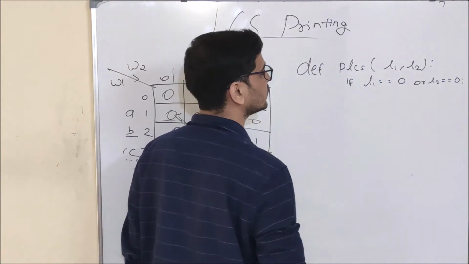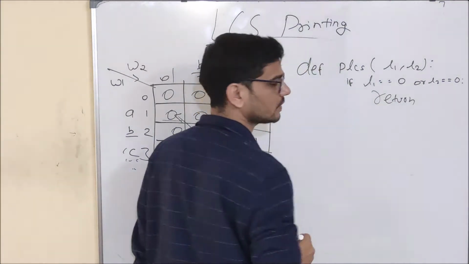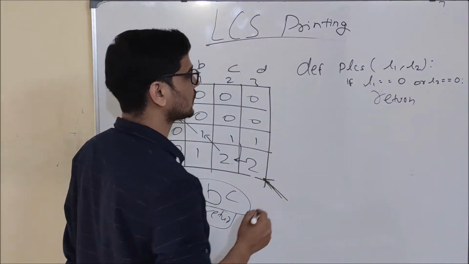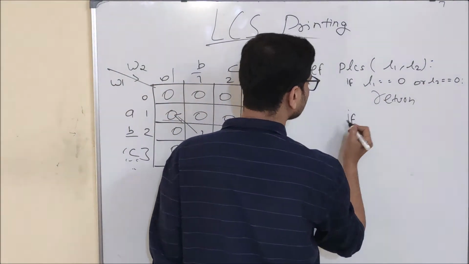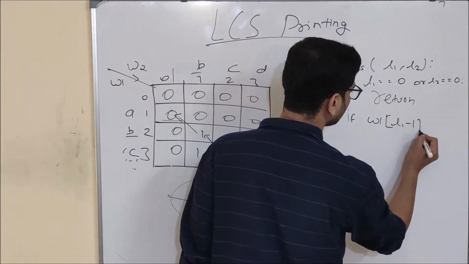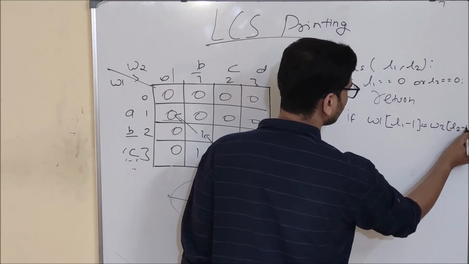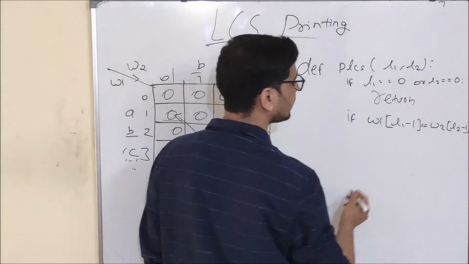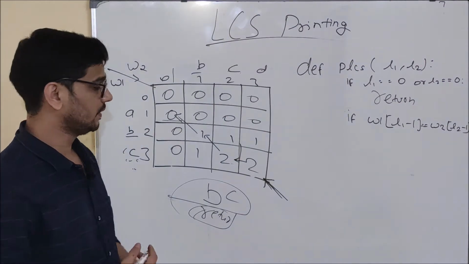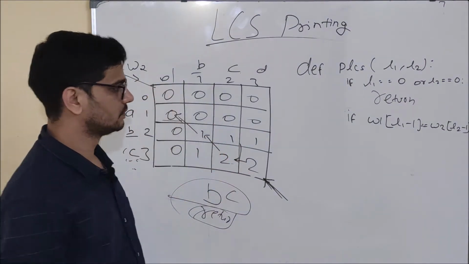If that is the case, then we will return, and I will have no work to do after that. And what will be our second case? If word1 of L1 minus 1 is equal to word2 of L2 minus 1, that is, I have got a matching character, what we need to do? We will print the character and go to the diagonal.